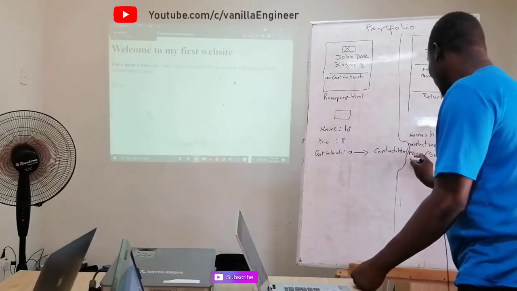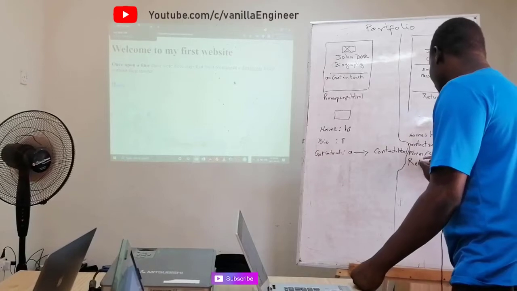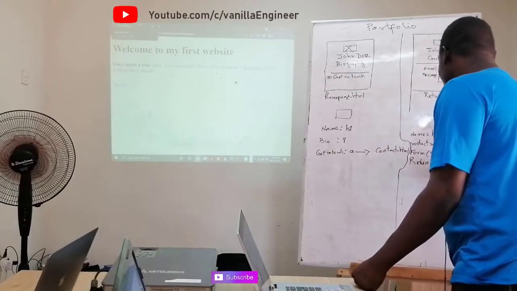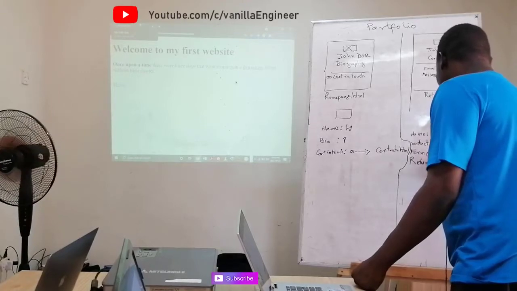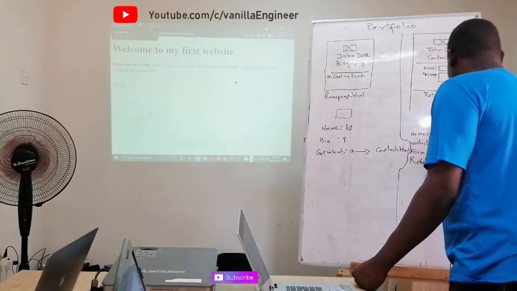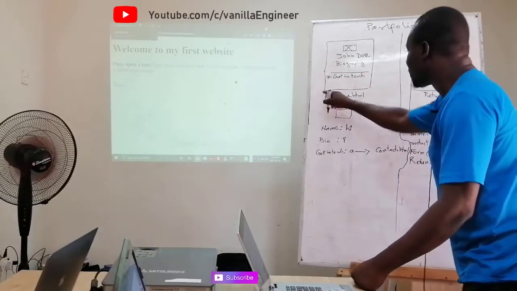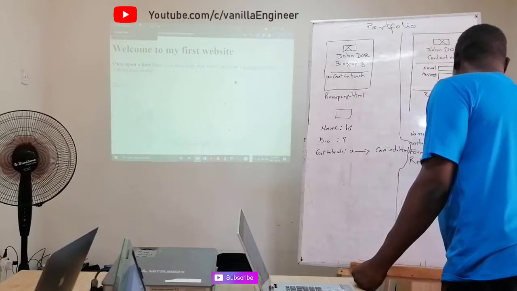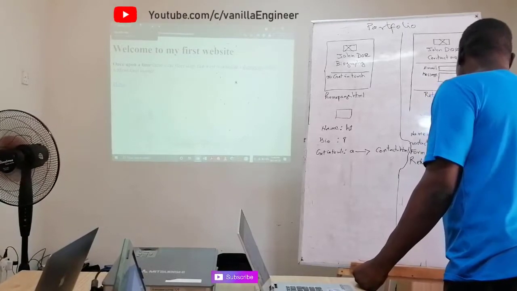So the return is going to be the link. Return is going to be the A link, that redirects to home page. This is href, okay, homepage.html.